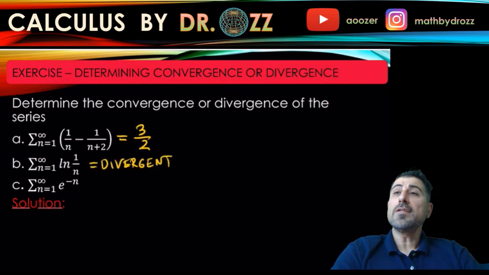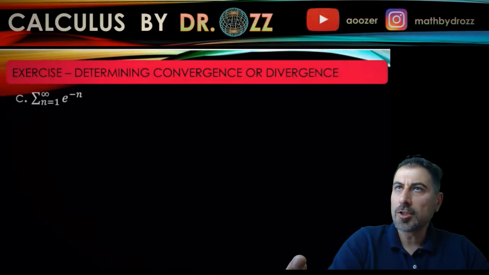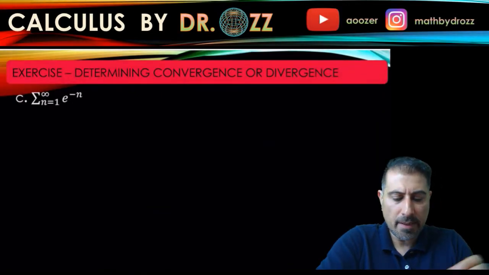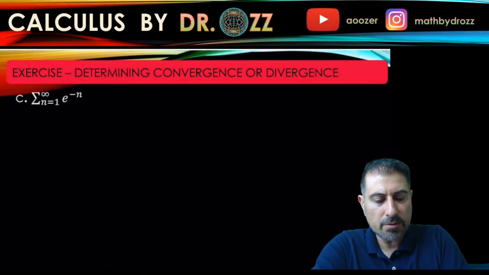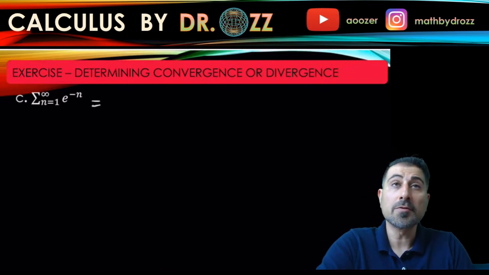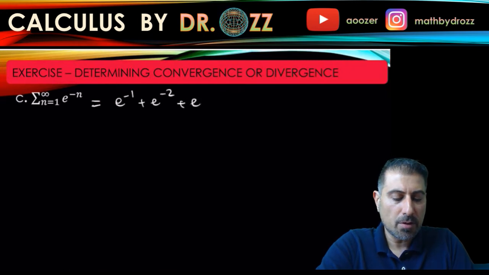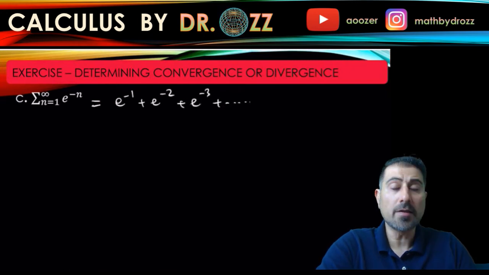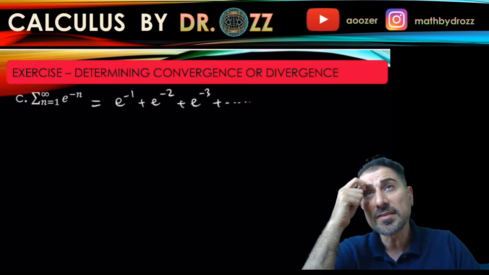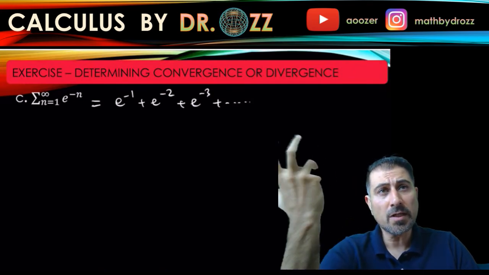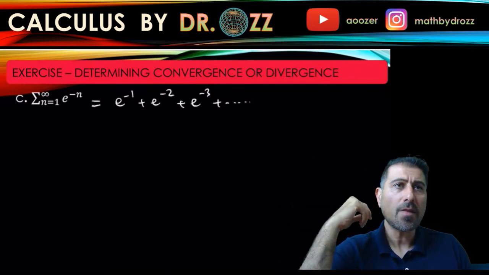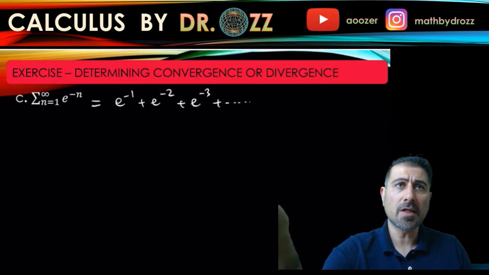Finally, we have the infinite series e to the minus n. This looks to me like a geometric series, as I said, and if you just list down the terms in the sum, for n equals 1, it's e to the minus 1, e to the minus 2, e to the minus 3, on and on. So this sum doesn't start from 1, and to make it look like a geometric series, we must have the sum starting from 1.